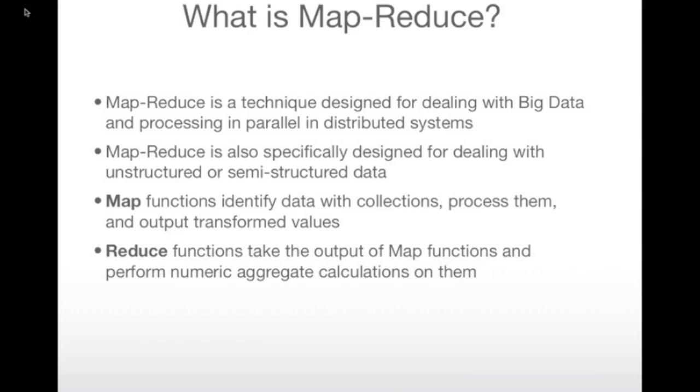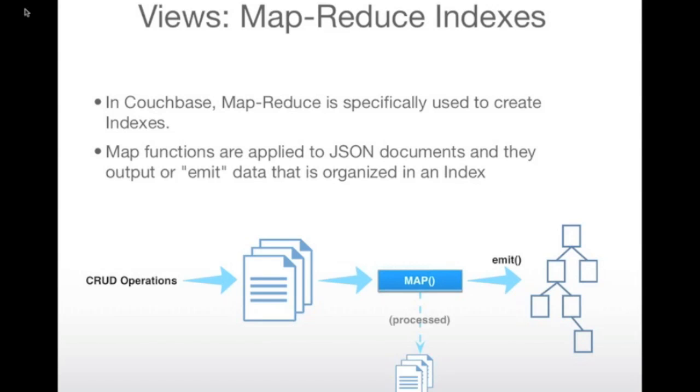It's generally for numeric data that you're outputting, and you're basically reducing that data by creating statistical aggregates on that data. So Couchbase uses a MapReduce technique to create indexes. As you can see in this diagram, your CRUD operations are creating or modifying documents.